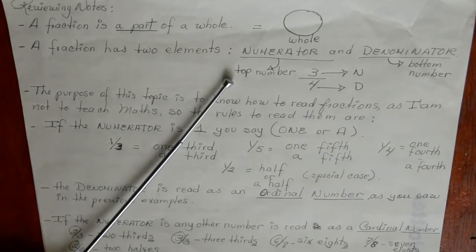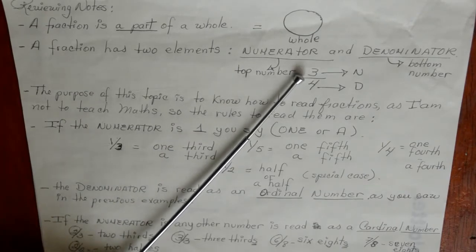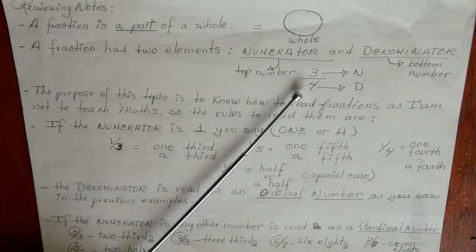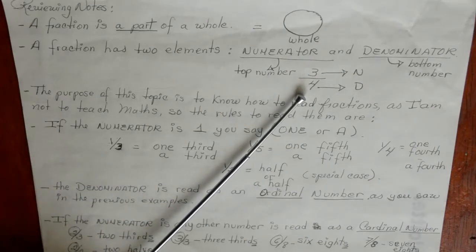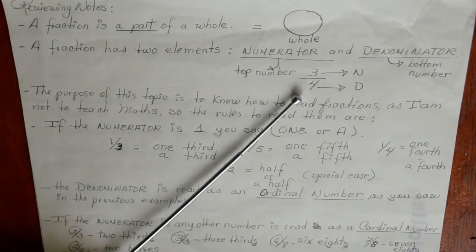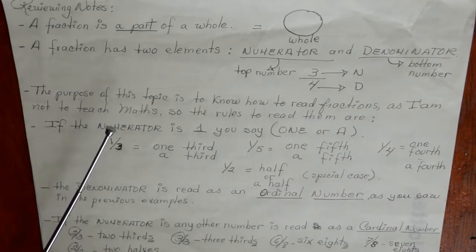The numerator is the top number, as we can see here, number 3. And the denominator is the bottom number. Here we check that it is number 4. So number 3 is the numerator, number 4 is the denominator. The purpose of this topic is to know how to read fractions, as I am not here to teach you maths.